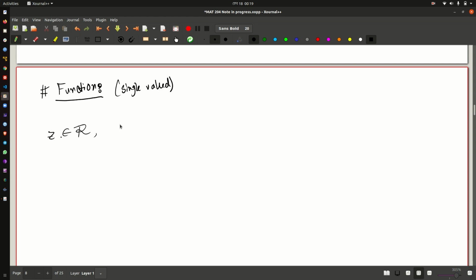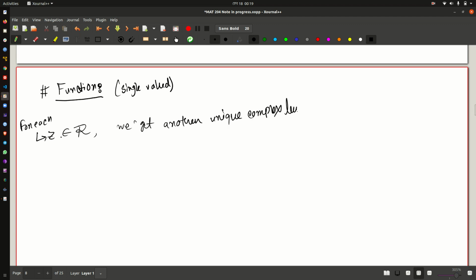Okay, let's write it down. For each z that belongs to R, a domain or open region, whatever you want to call it, we get another unique complex number w of z, or you can call it f of z, whatever you want to call it.